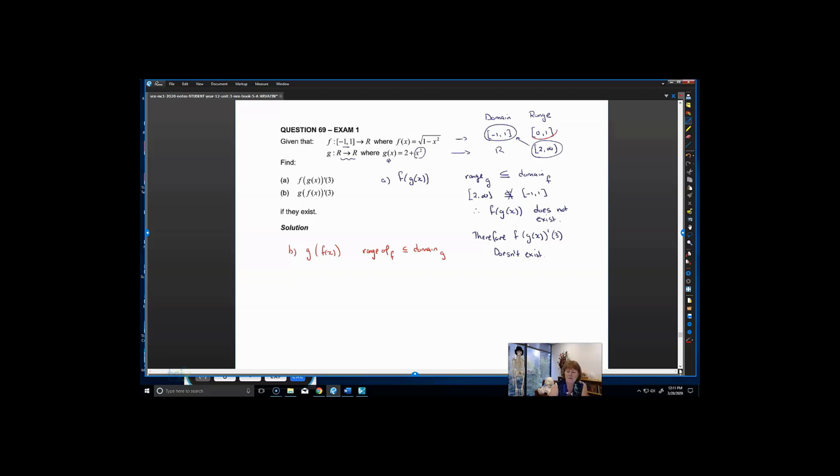Range of f has to be part of the domain of g. So we're going to write that down and say 0 to 1 has to be a subset of the set of real numbers. So therefore, g of f of x exists.